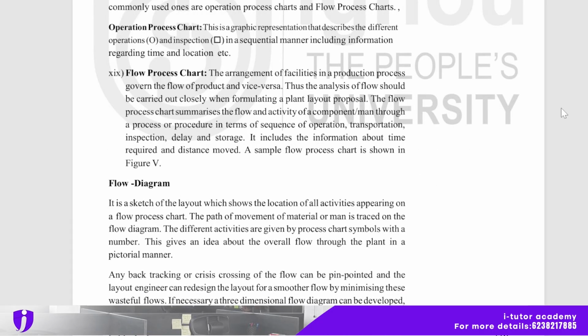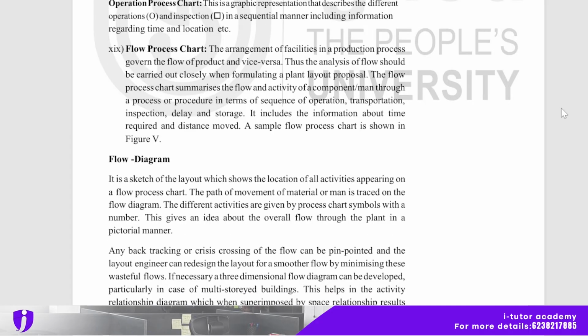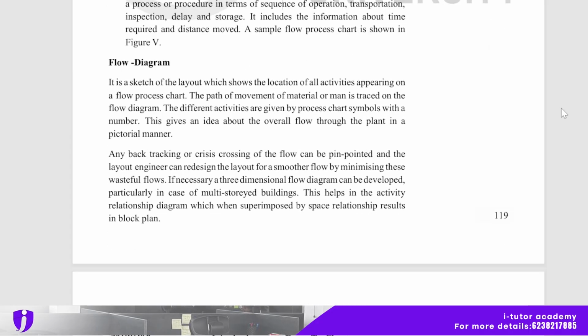Operation process chart, this is a graphical representation that describes the different operations and inspections in a sequential manner including information regarding time and location. And flow process chart, the arrangement of facilities in a production process governs the flow of product and vice versa. Flow diagram, it is a sketch of the layout which shows the location of all activities appearing on a flow process chart.